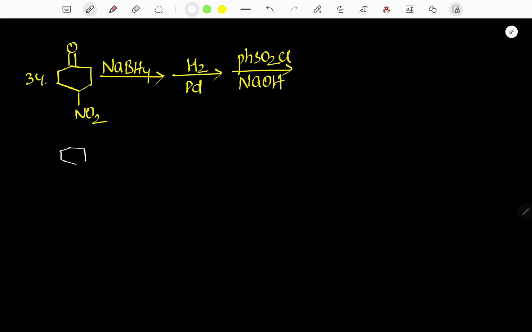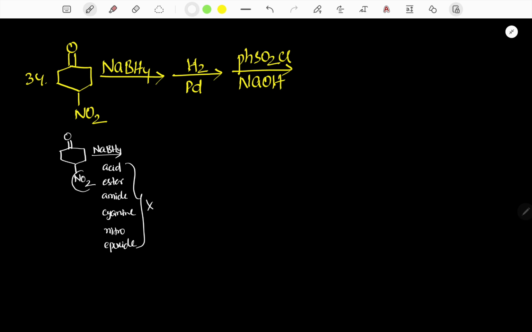The reactant has a keto group and an NO2 group. It is treated with NaBH4. We know that NaBH4 does not reduce acid, ester, amide, cyanide, nitro, or epoxide.